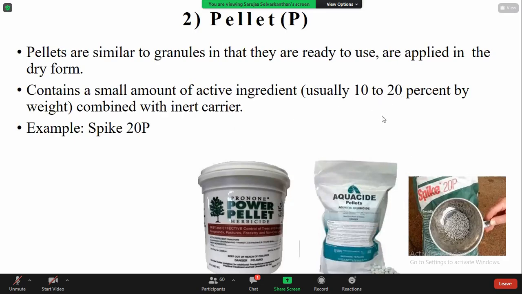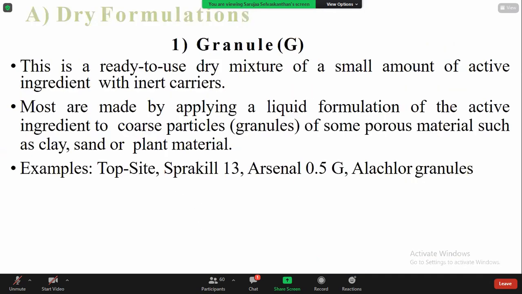Taking 100 grams, the active ingredient is 10 to 20 grams. Here also I will give only one example, but you want to remember some pictures. Sometimes this picture also comes for your exam.